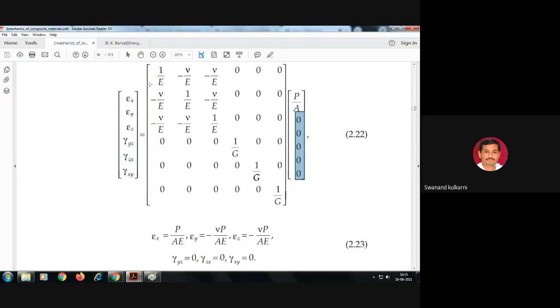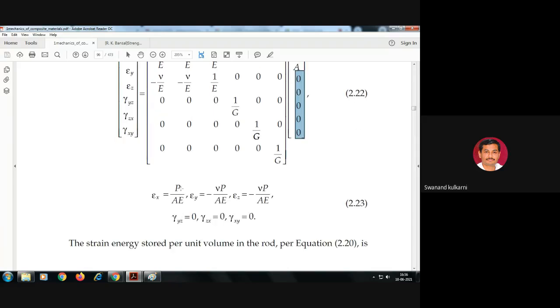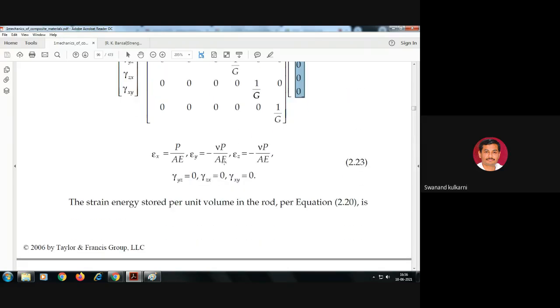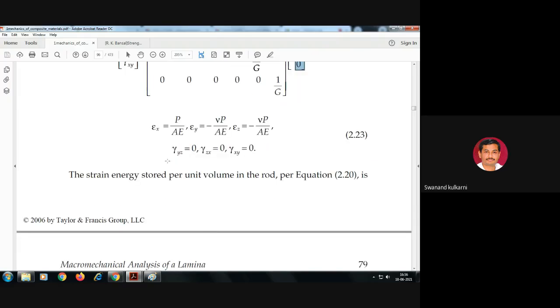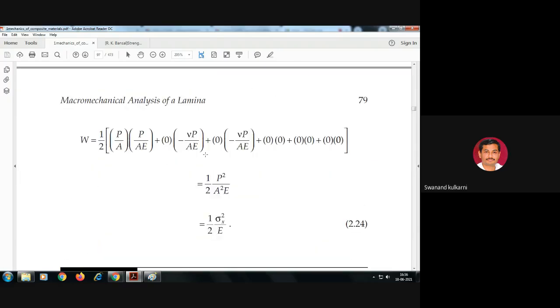In order to calculate sigma x, first row, first column; sigma y, second row; third row, like this. After getting these multiplications, we get sigma x, sigma y, with epsilon x, epsilon y, epsilon z. These are the strains.